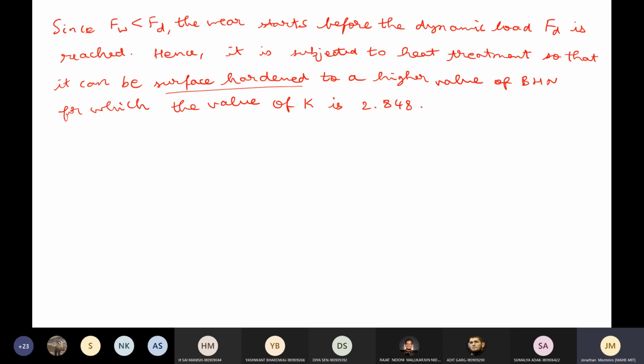And also students, as far as materials are concerned, we know that all the materials cannot be given all the hardnesses. Okay, they too have some limitations. So it may be prudent even to change the material, but that is exactly a practical design that usually happens. Okay, while optimizing the design, you also tend to change the material, select a totally new material and then subject it to heat treatment so that the surface hardening can occur.